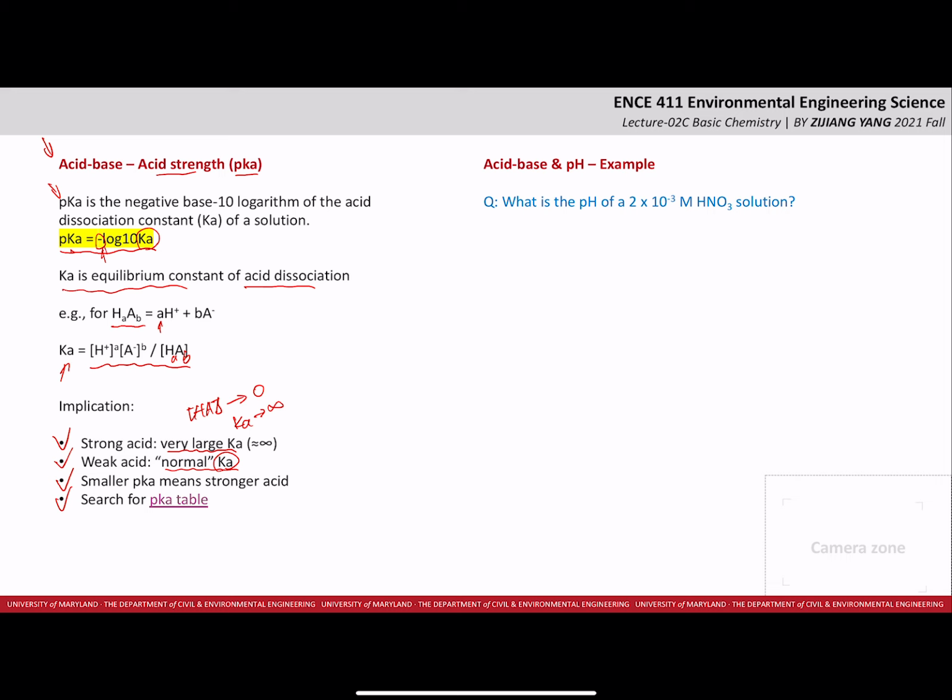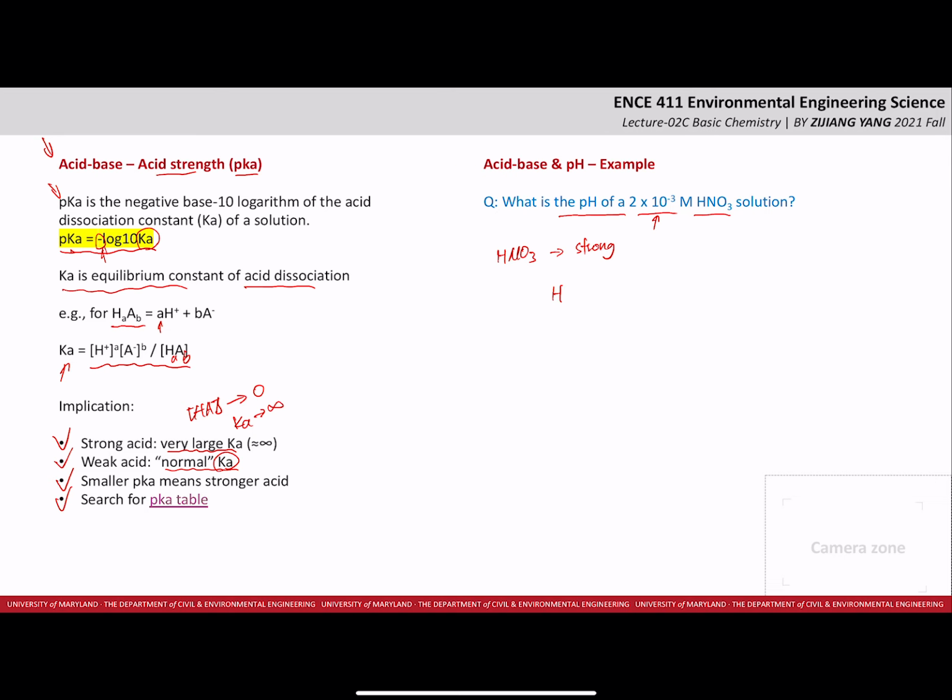And then let's look at an example about acid and base and pH calculation. So the question is, what is the pH of the nitric acid given this concentration? We know that nitric acid is a strong acid, so its dissociation is complete.